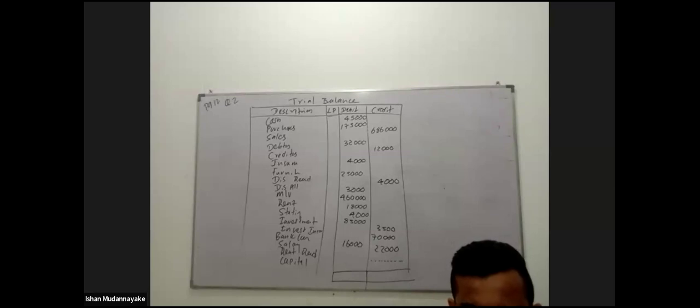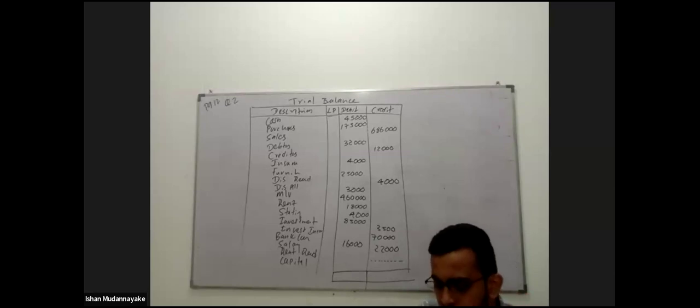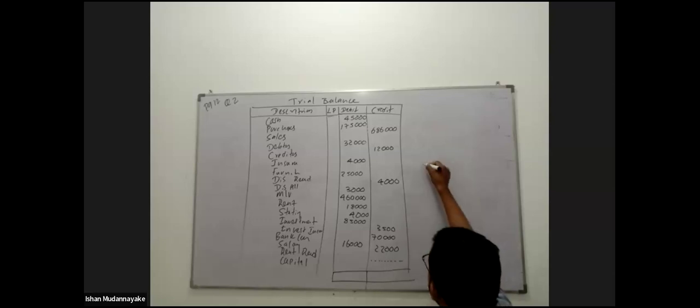Debit side total amount 867,000. Now is it correct? Debit side total 867,000. It's correct.